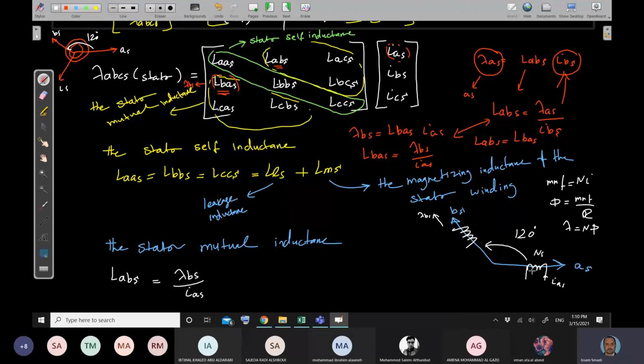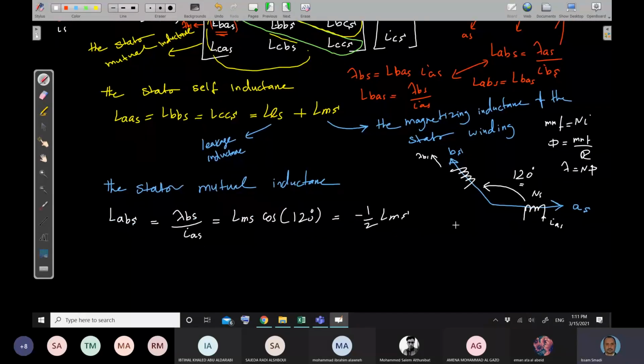So I need to find the projection of that flux in the direction of B. The angle between phase A and phase B is 120 degrees. So this will equal LMS cosine of the angle in between, which is 120 degrees, and this will be minus 1 over 2 LMS.